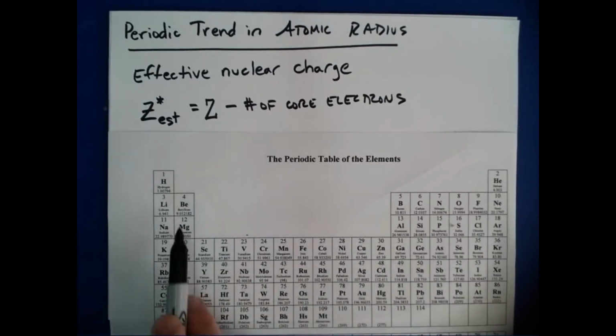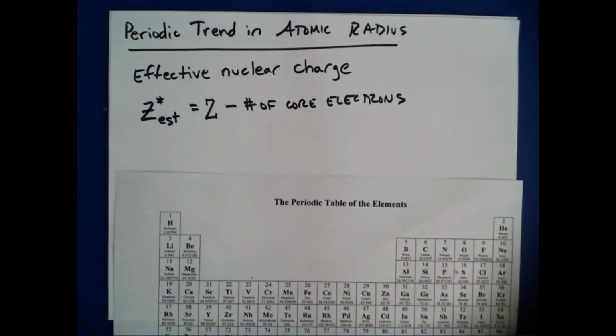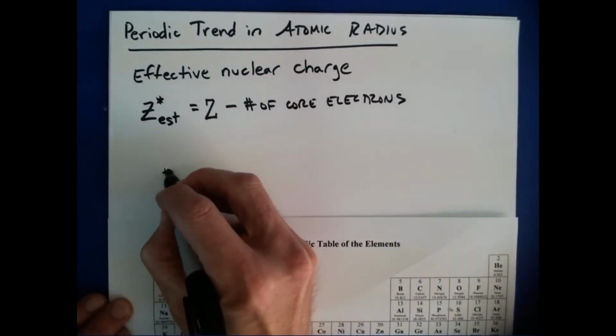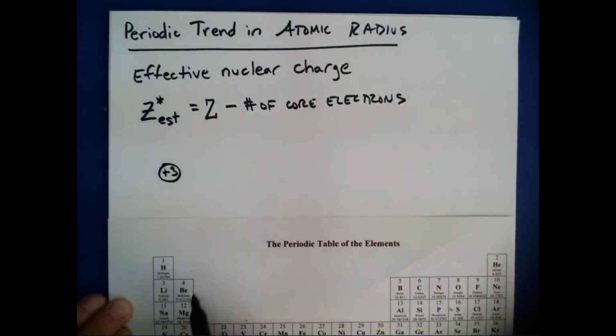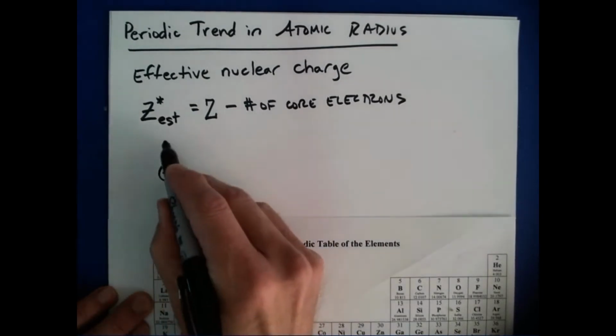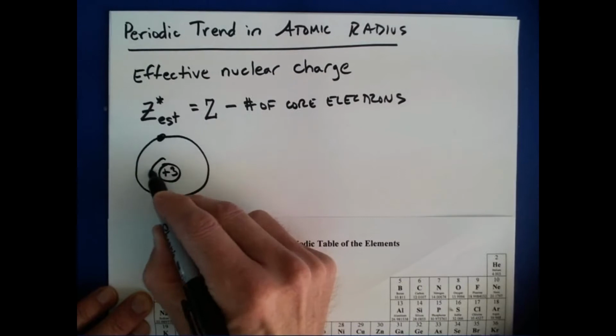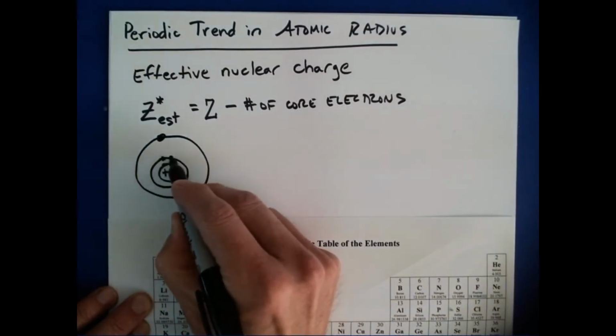Let's do a simple case of comparing lithium to neon. In lithium, there's a +3 nucleus with a single valence electron and 2 core electrons.